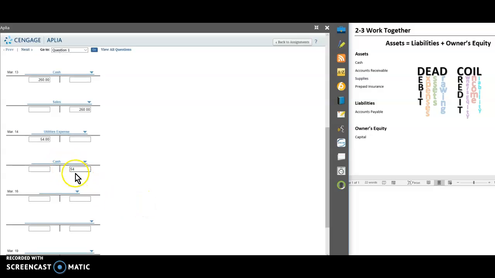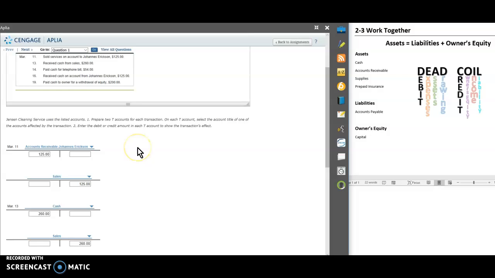So we are paying cash, so cash is going down, and we're paying our bills, expenses. For expenses, the normal balance side is a debit. Okay, so that's where they normally go.